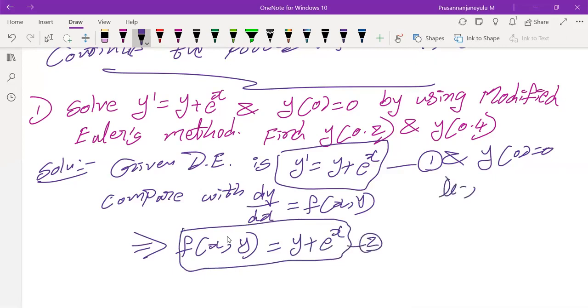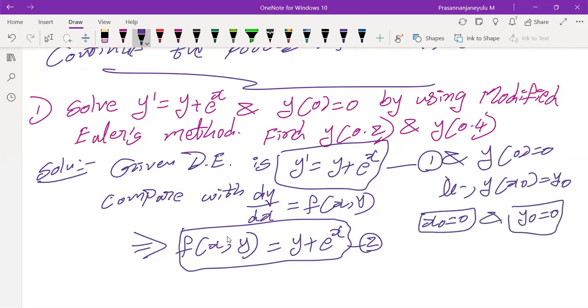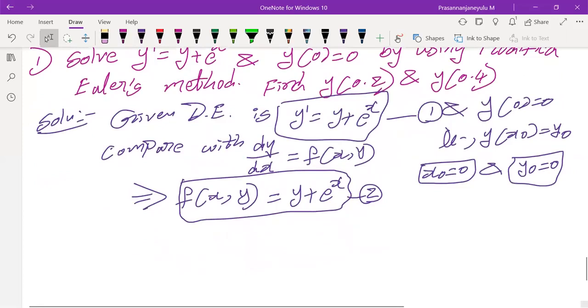And they gave y of 0 equals 0, nothing but y of x not equals y naught. With this, we can write x not equals 0 and also y not equals 0. Now what we need to find? We need to find y of 0.2 and y of 0.4. Take x1 equals 0.2. Now we need to find y1, nothing but y of 0.2.